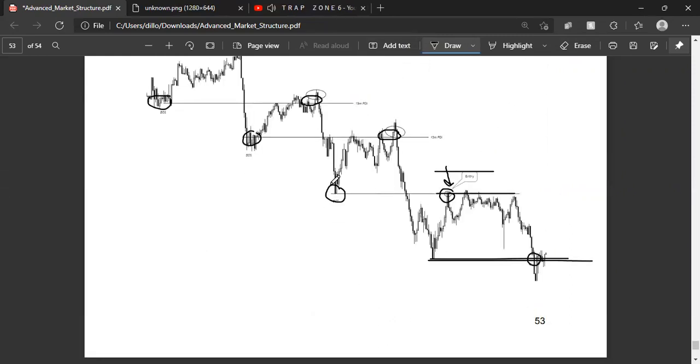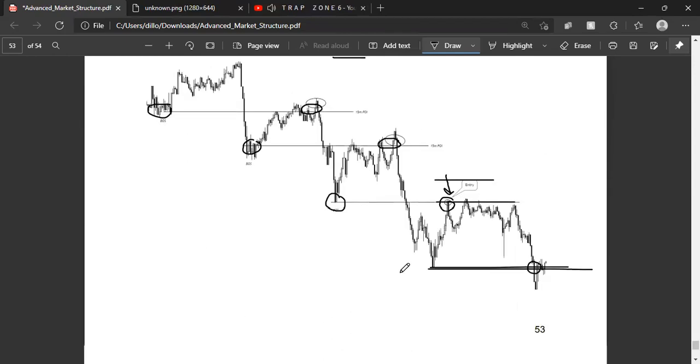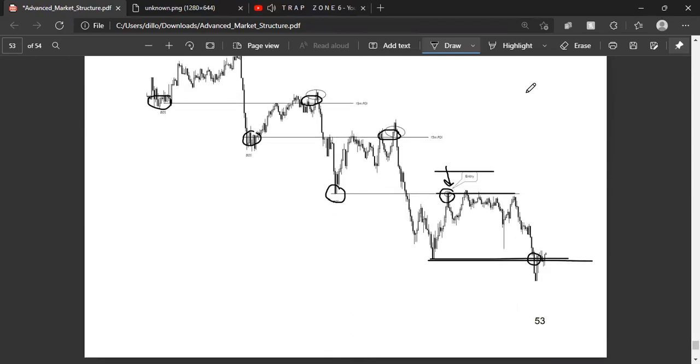So yeah, clean setup, clean sells, clean bearish order flow, right? Bearish order flow.